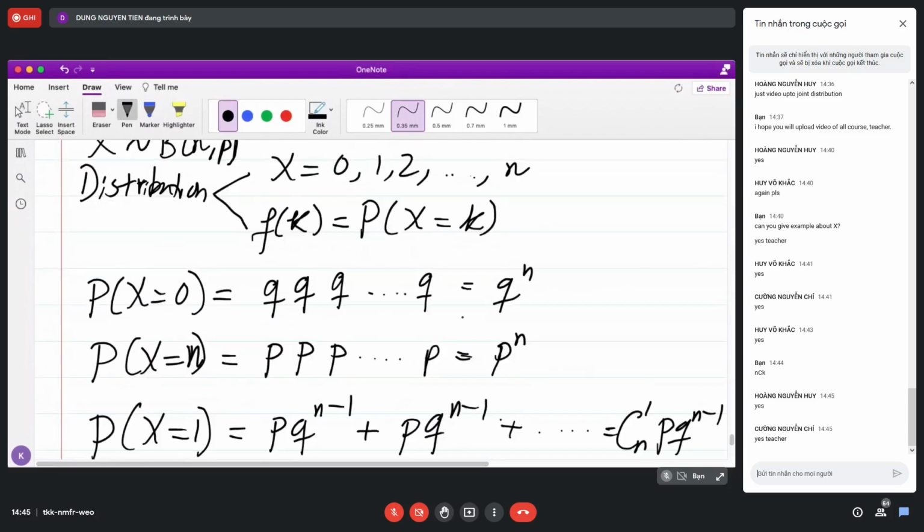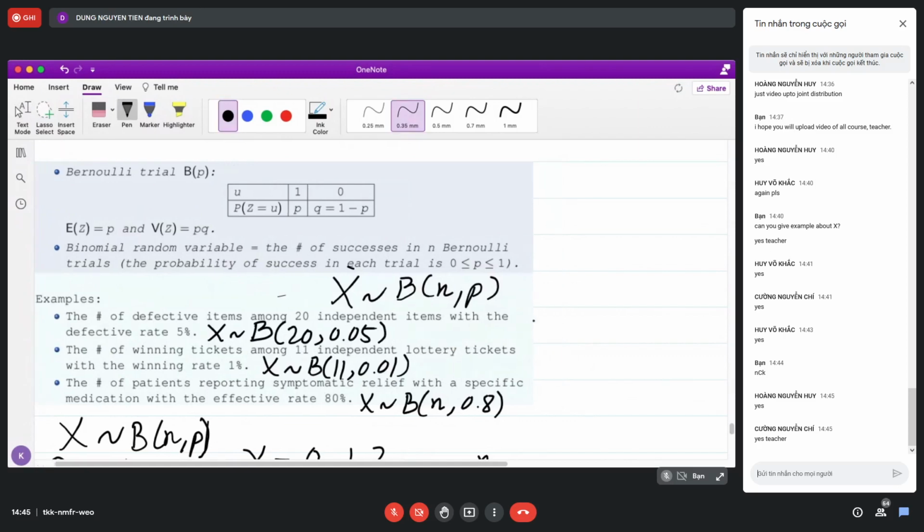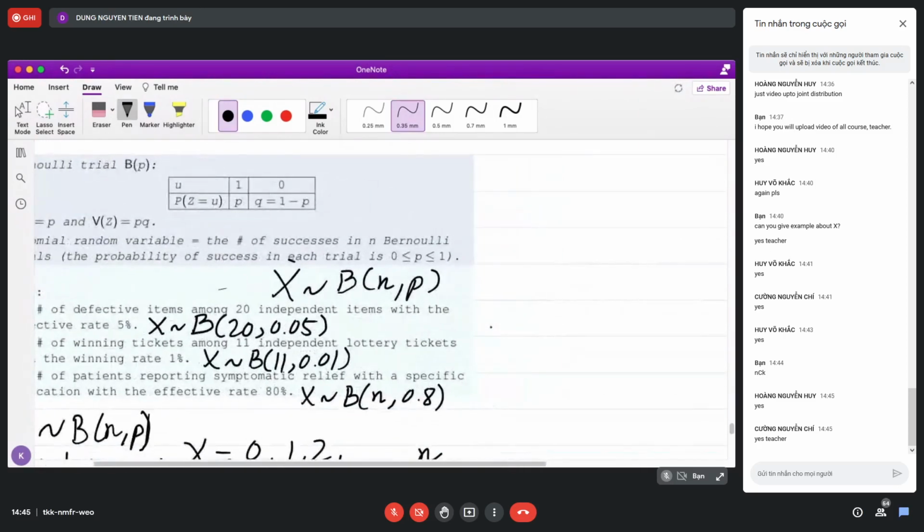All right. For example, let's go back to the first example. Suppose that there are 20 independent items, and you select and count the number of defective items. Then what is the probability that there is exactly one defective item among those 20 independent items?